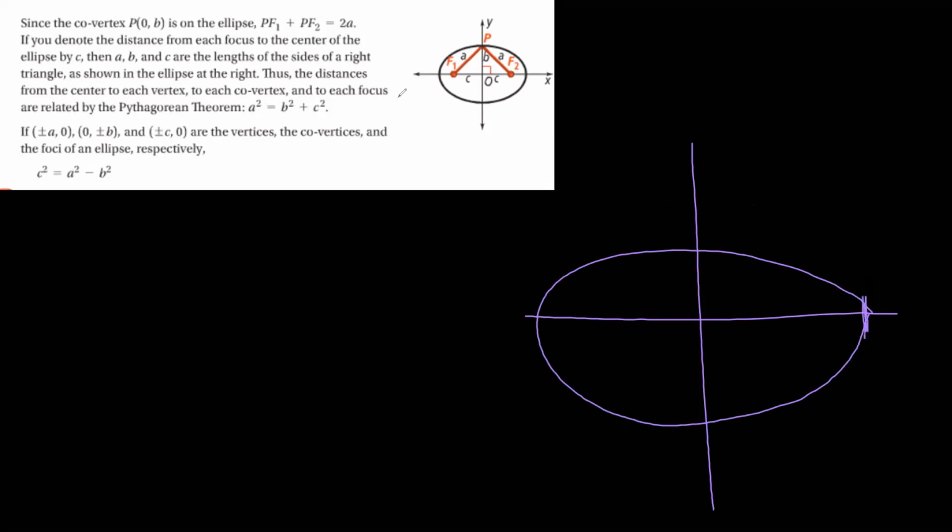And we said here, we have A, B, and B. Now, the distance from the center to A is A, or from the center to the vertex is A, and to B is B. Now, at the beginning of the lesson, he told me that if there's a point P on an ellipse, okay?